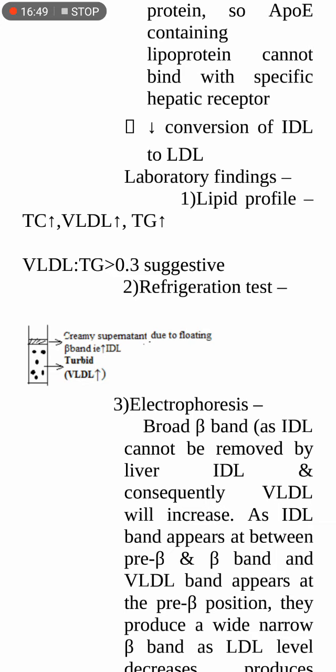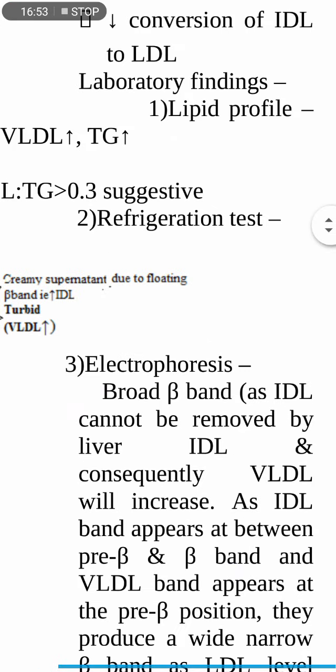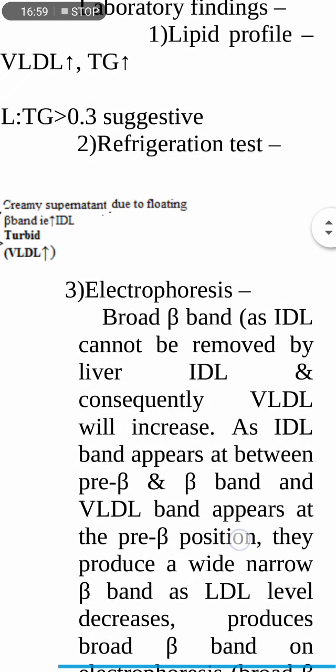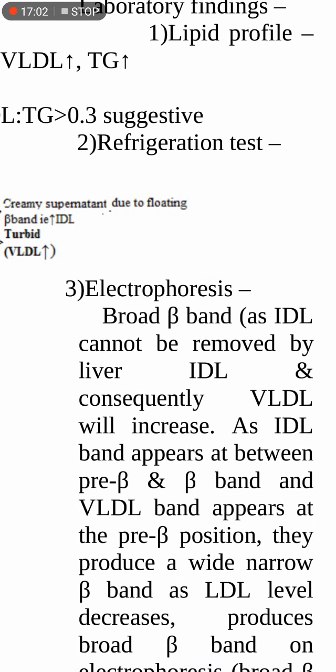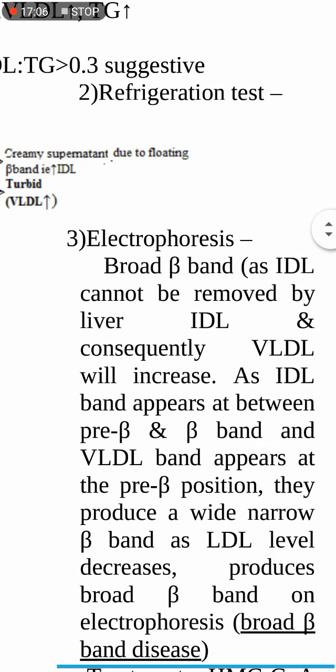Then the electrophoresis. As the IDL cannot be removed by the liver, IDL and consequently VLDL will increase. As the IDL band appears between pre-beta and beta band, and the VLDL band appears at the pre-beta position, they produce a wide beta band.